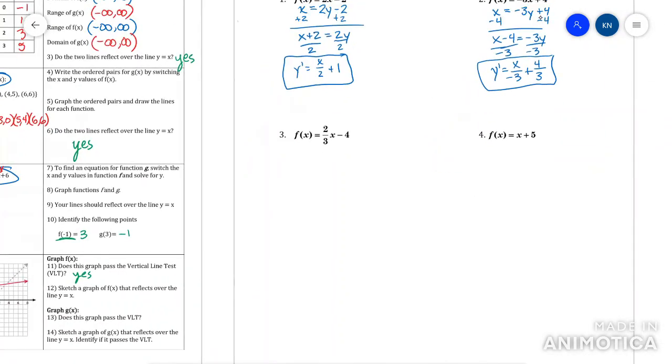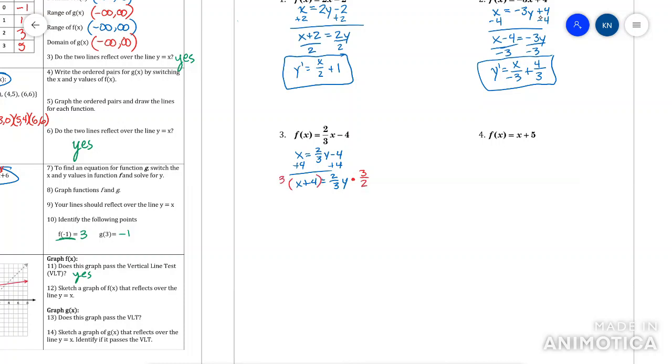Okay, this next one, switch x, y. So you got x equals 2/3 y minus 4. Add 4. All right, now to cancel this fraction, you're going to hit it with the reciprocal. So the reciprocal is when you flip this fraction. So it'd be 3/2.